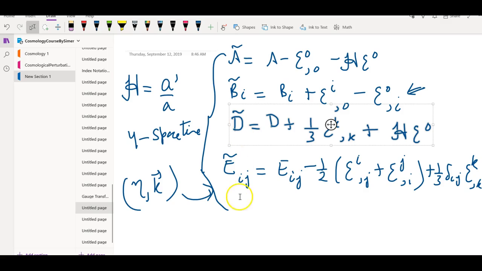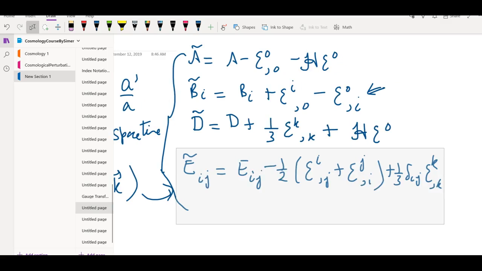Okay, let's look at the tensor transformation, which is this equation.